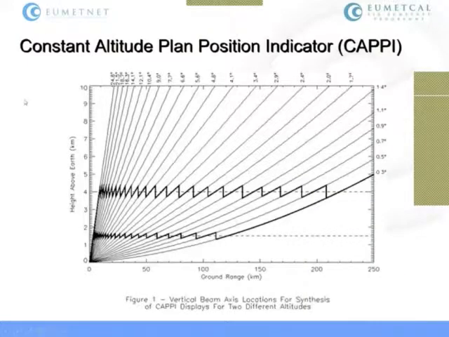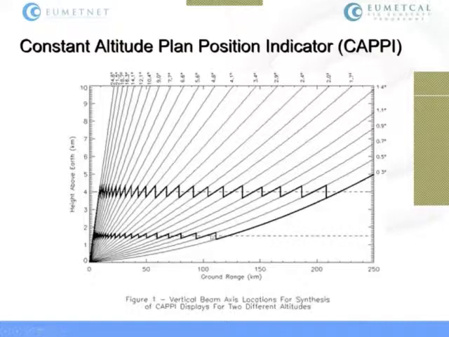Another way of displaying the radar information is the so-called CAPPI, an acronym for the Constant Altitude Plan Position Indicator, and it means that the radar algorithm is taking the measurements at a constant altitude.